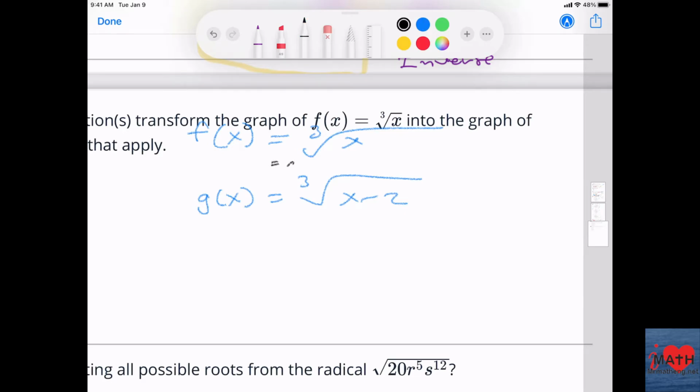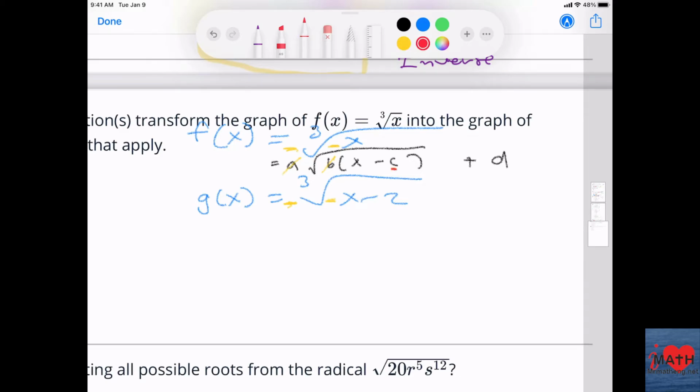So remember, it is a radical, bx minus c, plus d. There is no number in front here, from here to there. There's nothing, so it's not a. Okay. There's nothing to the left of this x here, so there's no b. Okay. There is something to the right here.